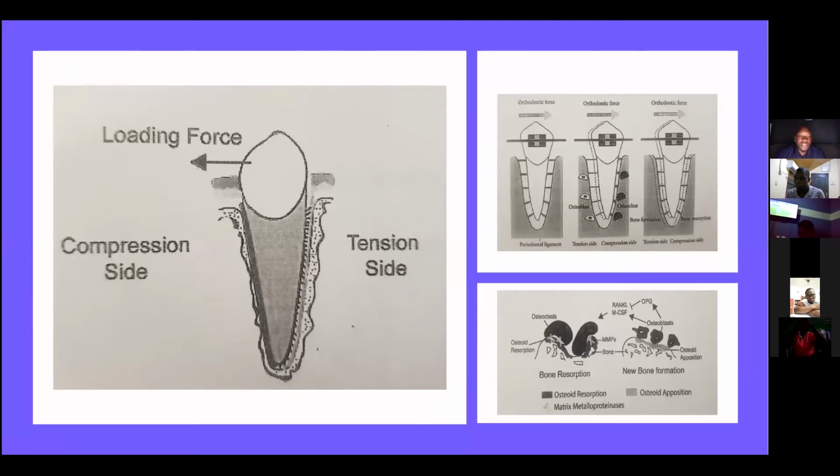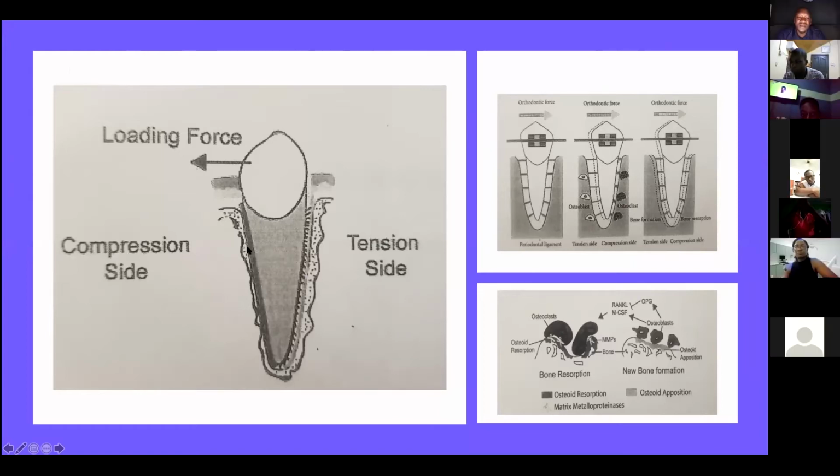So what I wanted you guys to understand anyway is that there are things known as osteoclasts and osteoblasts. And these are what maintain the compression side and the tension side of tooth movement. Osteoclasts do bone resorption, which means they would remove bone from where you're pushing the tooth.